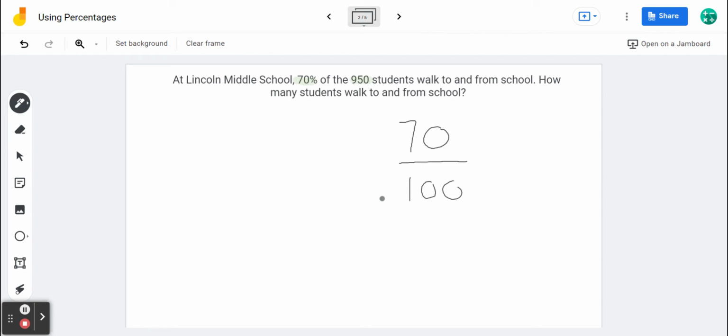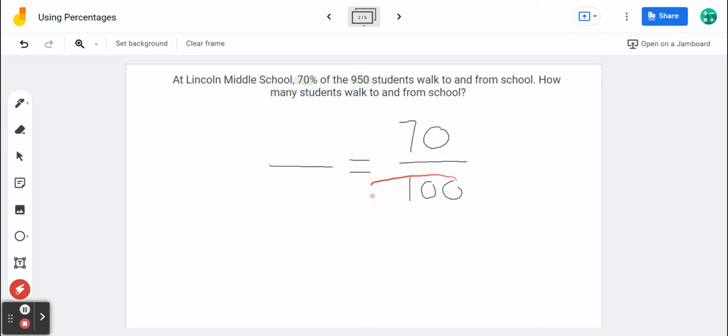Well, this fraction is equivalent to another fraction. What this fraction really says is, for every 100 students, 70 of them walk. For every 100 students, 70 of them walk. That's what this fraction says.